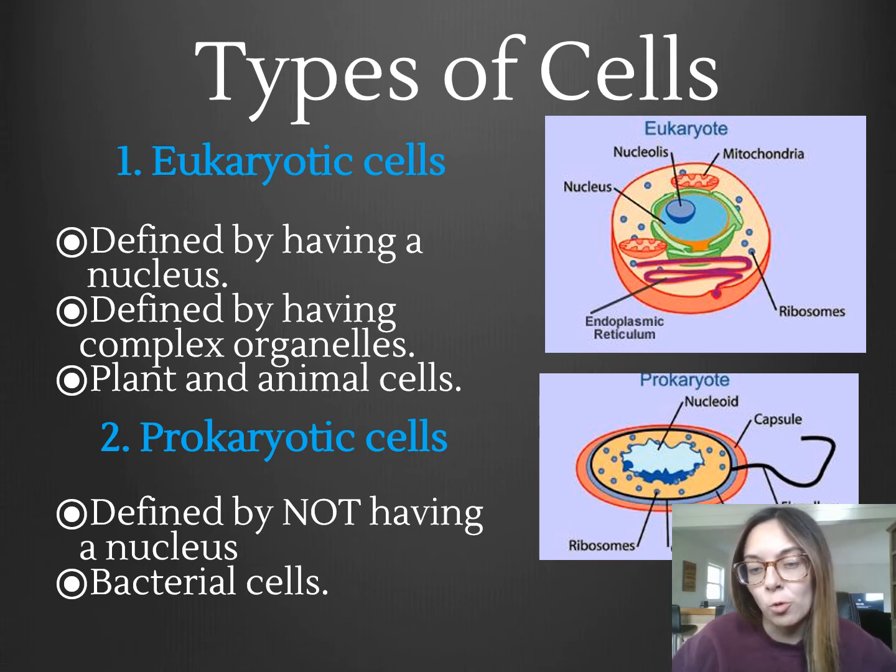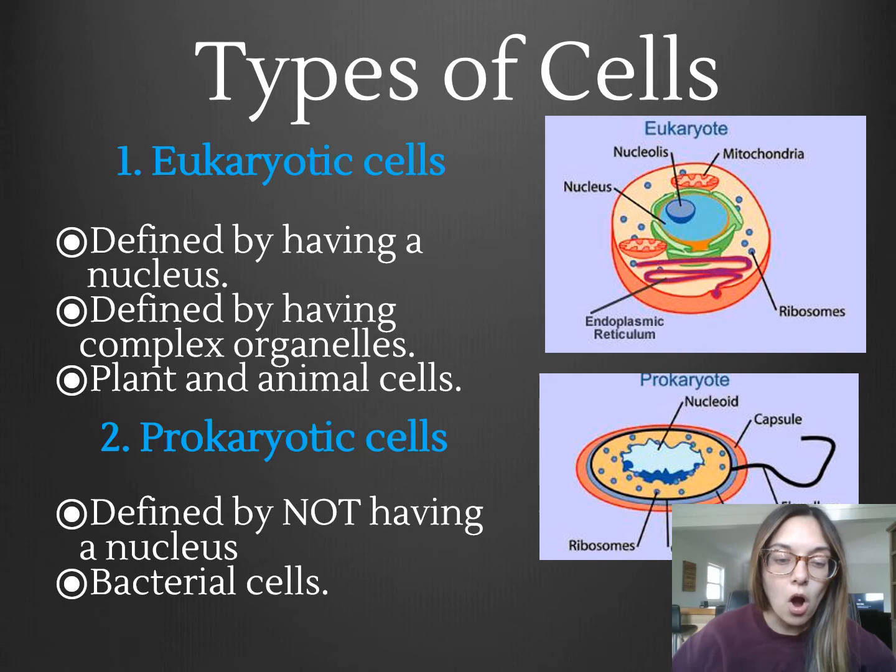That would be organelles like the Golgi apparatus, mitochondria, chloroplast, those types of organelles. So, eukaryotic cells are plants and animal cells. Also fungi, but we don't talk a lot about those.